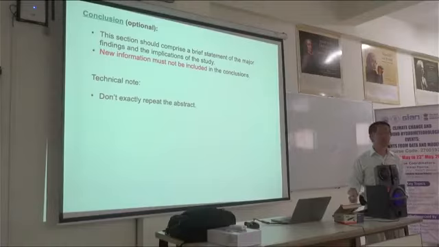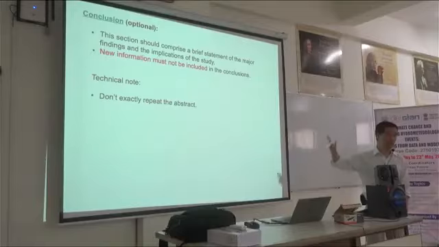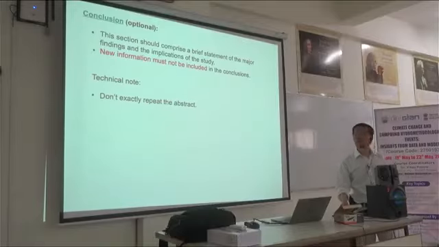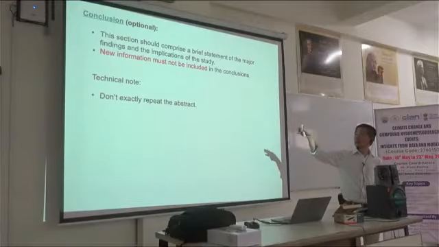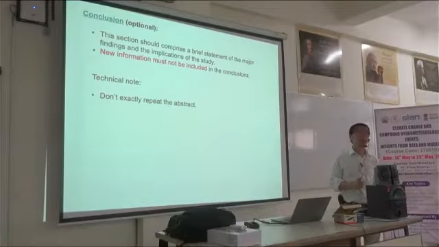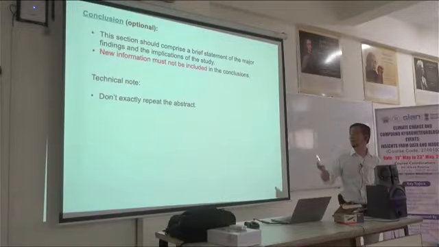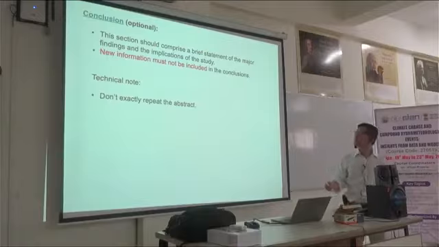Basically the editor will maybe ask you to remove one of them, likely the conclusion section, because the abstract is required. I guess that's just common sense for the conclusion. I think it's always good to have one, but don't repeat the abstract.